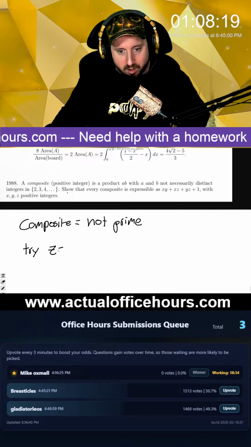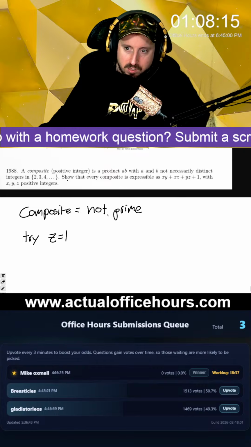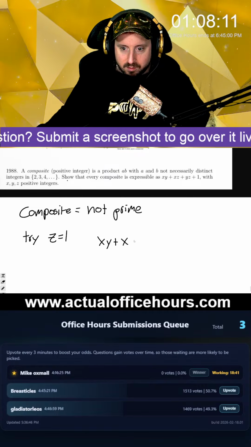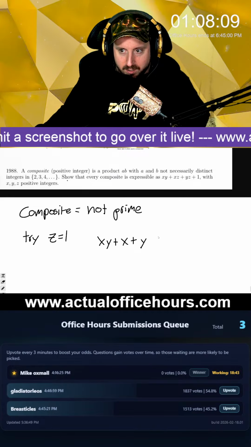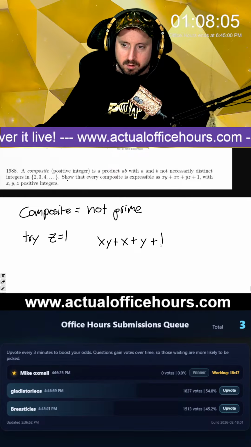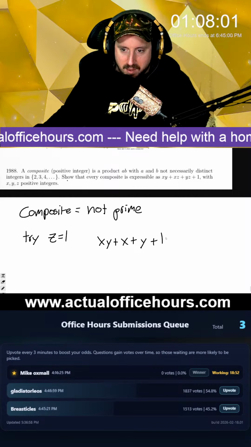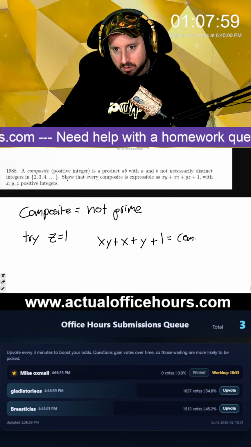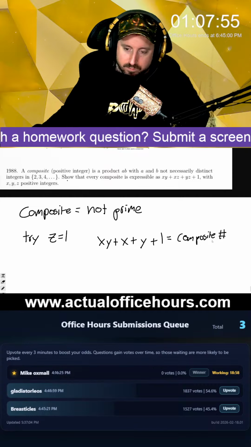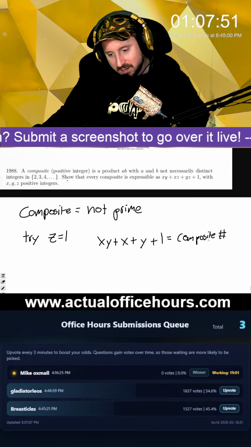So he's using his intuition: let's try z equals 1. With z equals 1, I get xy plus x plus y plus 1, right? And that has to equal a composite number. This is already a composite number, but can you figure out why?